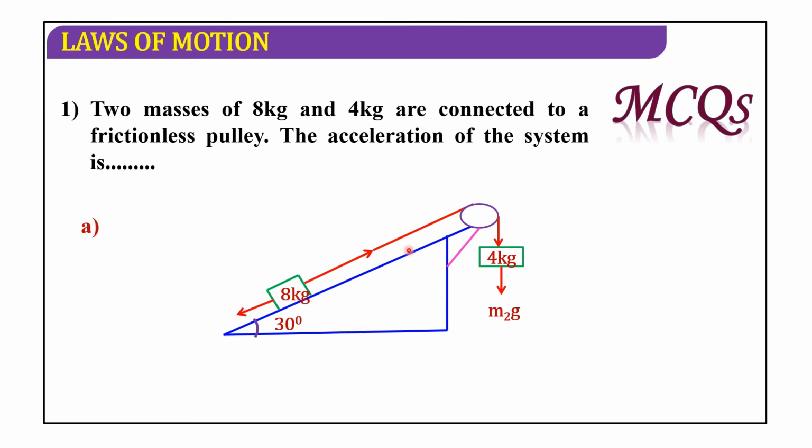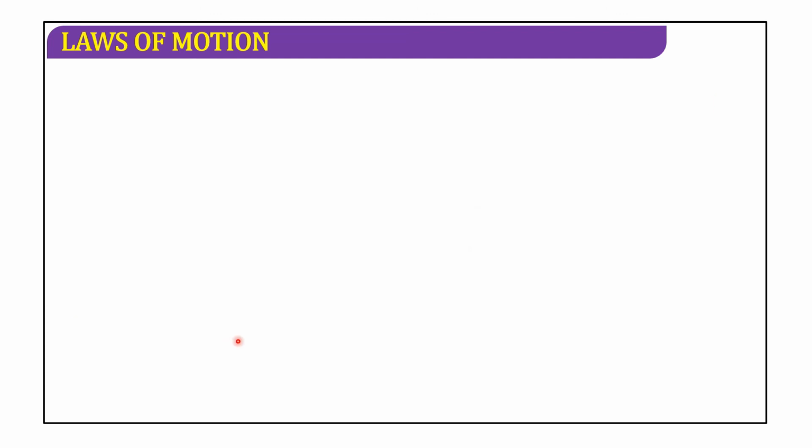The options are 4 meter per second square, 2 meter per second square, 0 and 9.8 meter per second square. Here in this situation, these two are connected to a frictionless pulley, so the acceleration of the system is 0. Okay. Thanks for watching this video.